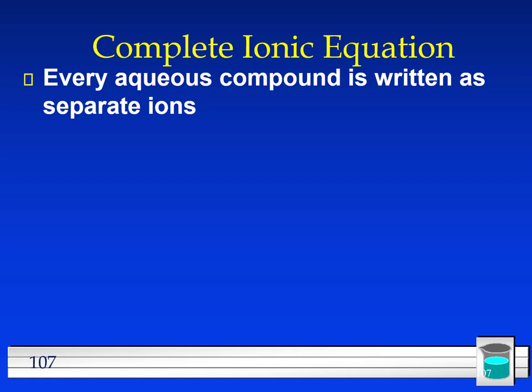Because in a complete ionic equation, every aqueous compound is written as separate ions. So we just take and separate the ions out.